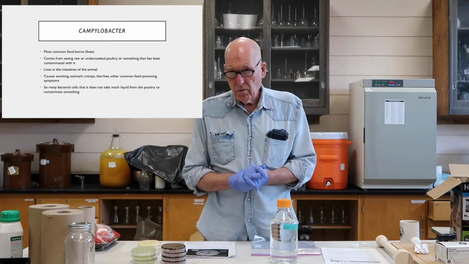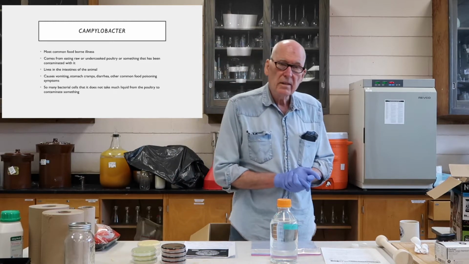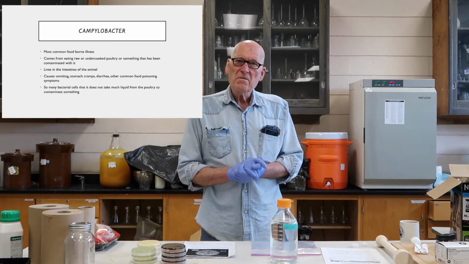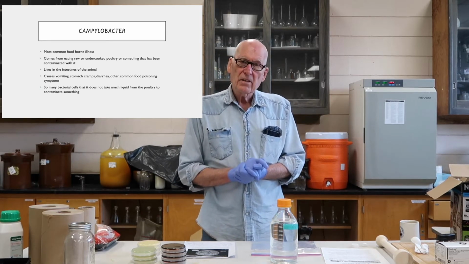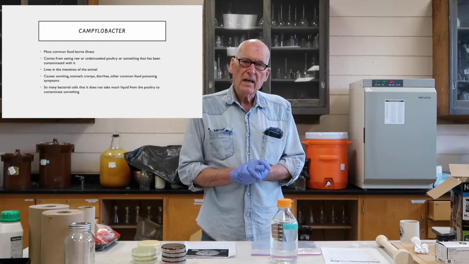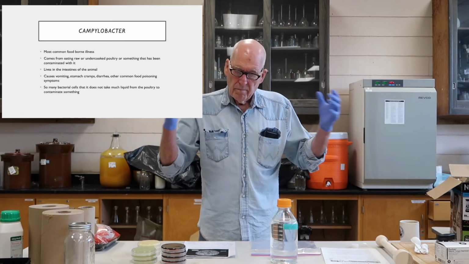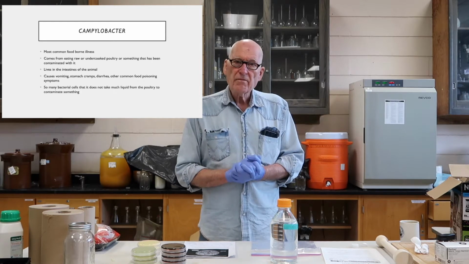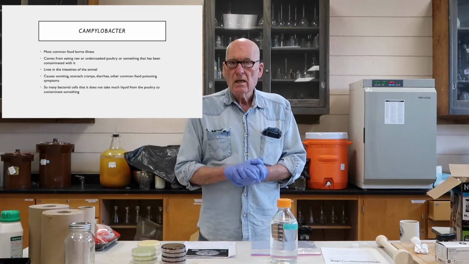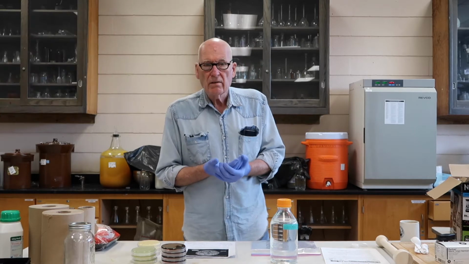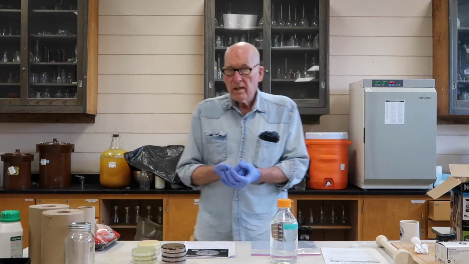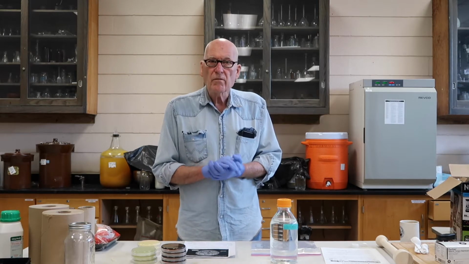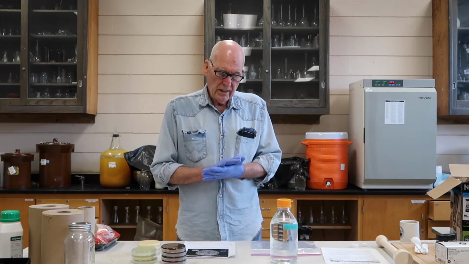When chickens are brought to get plucked and skinned and put in a bag, you're taking the feathers off, you're gutting the animal, you're throwing them in a common bath, and these Campylobacters and other pathogens cover the outside of the chicken. So we're going to use that as an enrichment for our little project today.